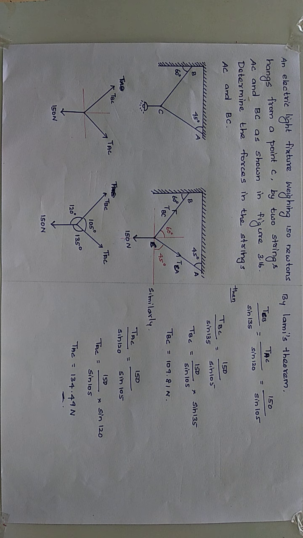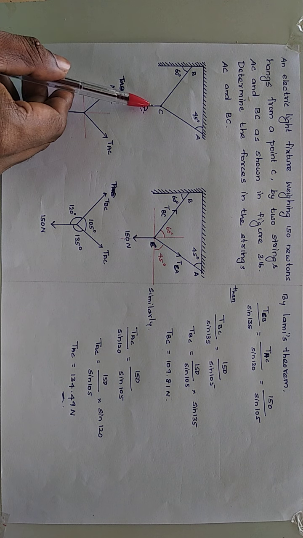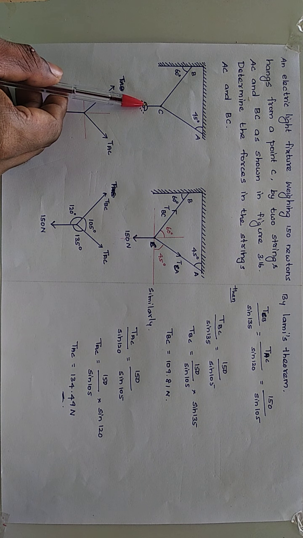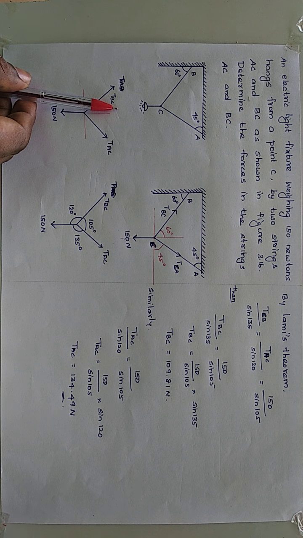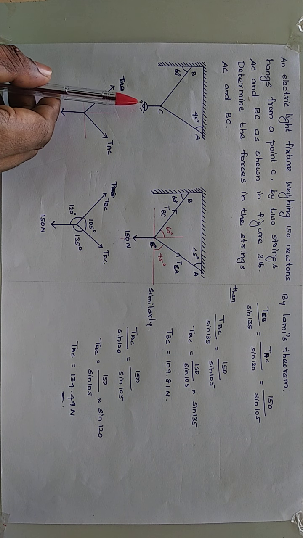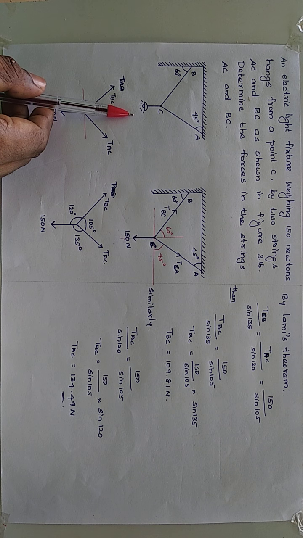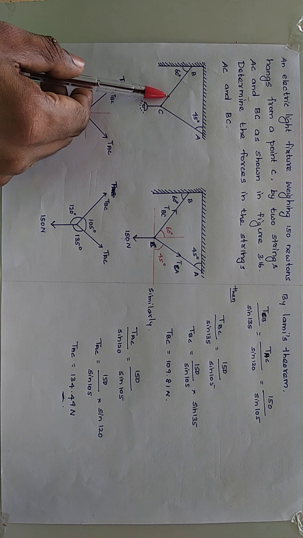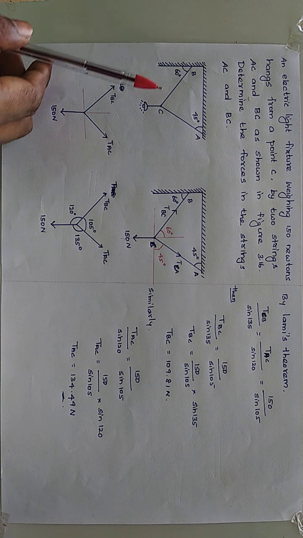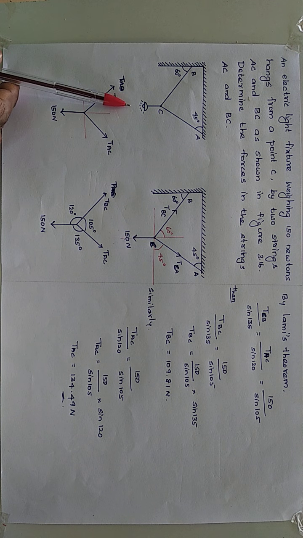Weight means downward force, isn't it? The bulb is hanging downwards. It tries to fall down, but the light is not falling down because it is supported by the two cables. Cable means wire, thin wire. Two cables, so it is not falling down.